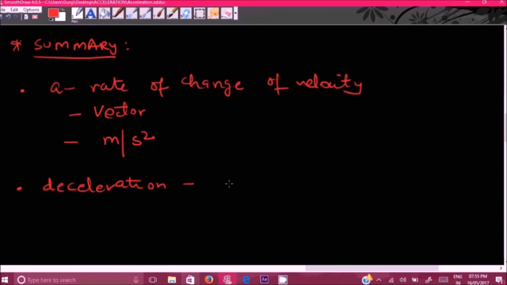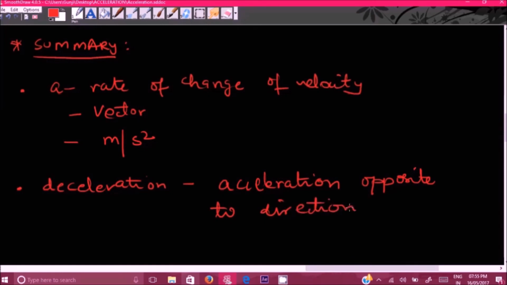Deceleration is the acceleration which is opposite to the direction in which the body is currently moving.